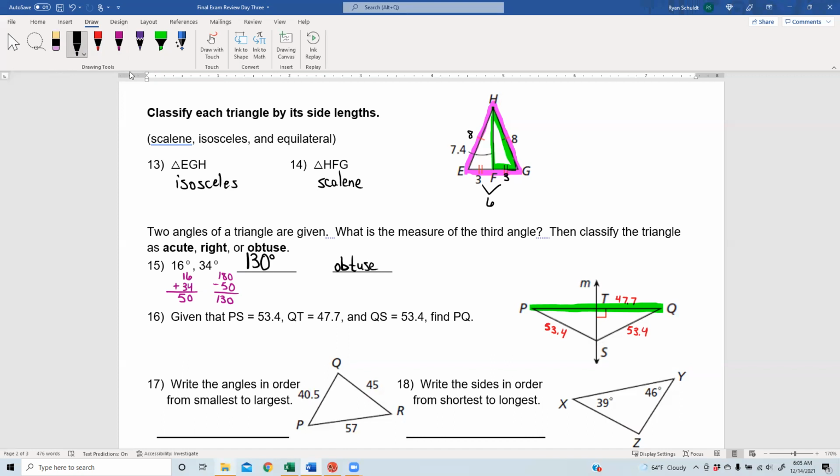That means QT and PT have to be the same. So PT is also 47.7. Now, to get PQ, we have to add, or you could say multiply, 47.7 twice. So 47.7 plus 47.7. It's going to be 14, carry your 1, 15, carry your 1. So PQ is equal to 95.4.